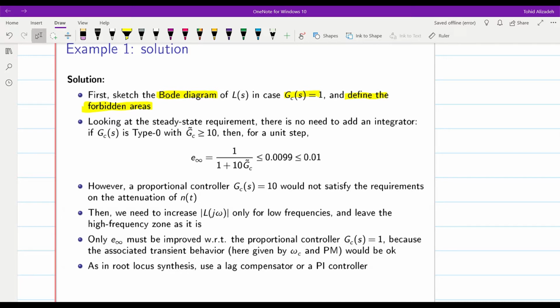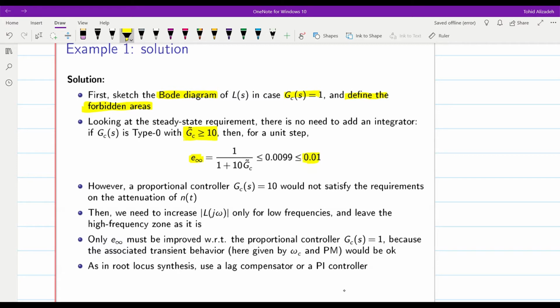Another way would be to have a type 0 controller such that the whole system remains as type 0. In this case, we would need to have the generalized gain for the controller to be bigger than or equal to 10 in order to satisfy the requirement on the steady state error.